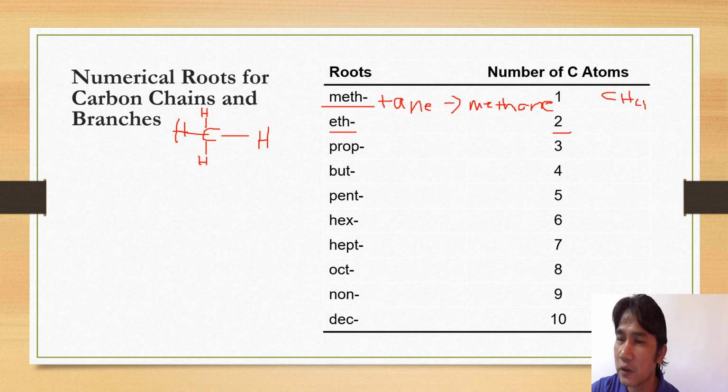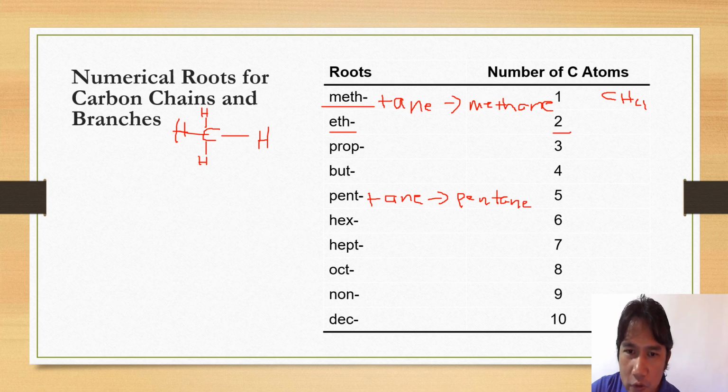The formula of methane is CH4. Now, if you have five carbons, the root is pent, plus ane, so that becomes pentane.